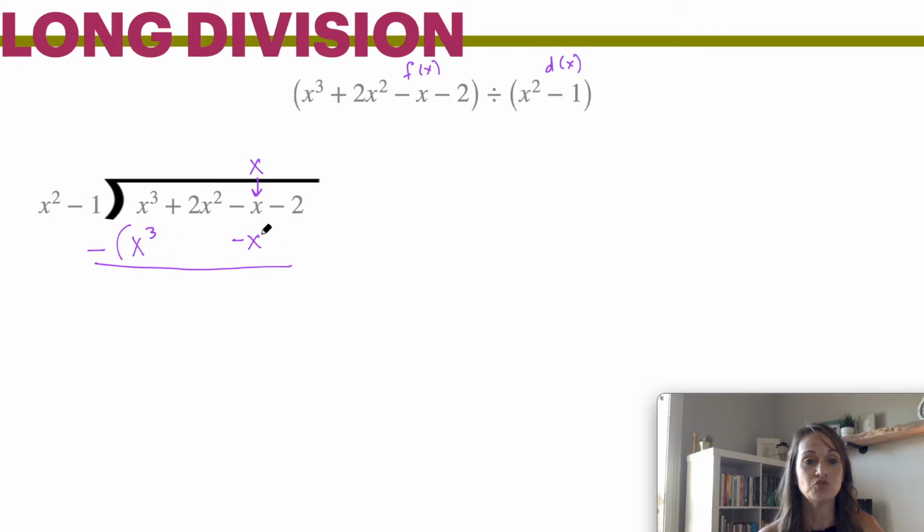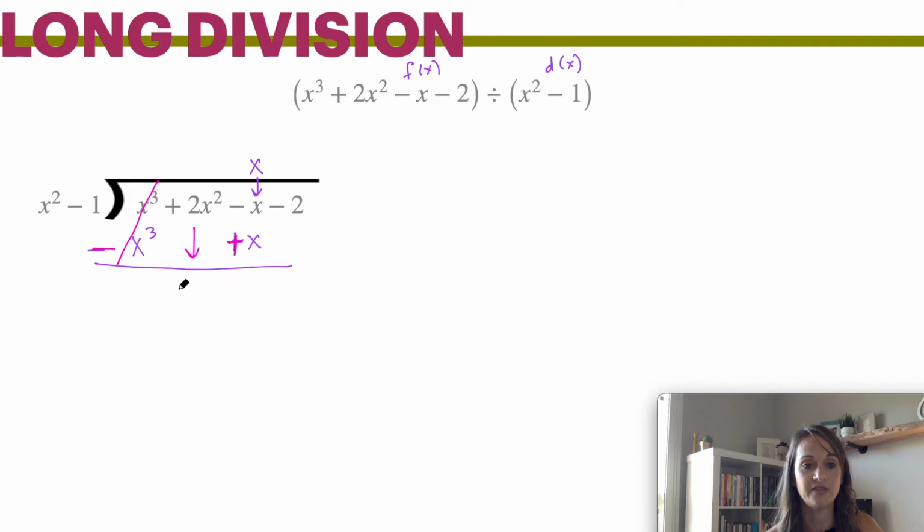Now I am subtracting this answer from the original, so it changes the signs. So this negative becomes a positive, and this turns into a negative. So x cubed minus x cubed goes away, leaving you 0.